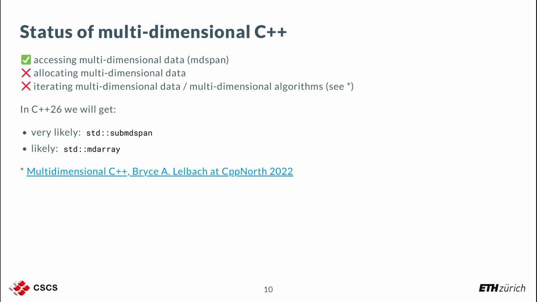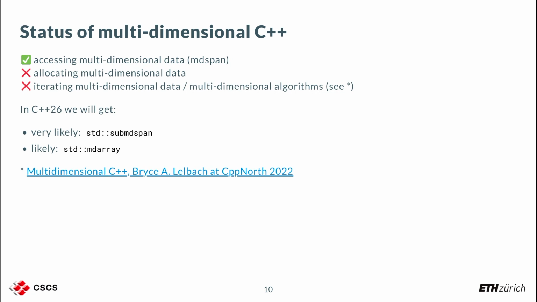And this is already the summary. So where are we in C++ with multi-dimensional things? In the beginning I said you have 3 things that you're usually doing on your own. You're writing your allocation of multi-dimensional data, how to access it, and the algorithms for the multi-dimensional array.